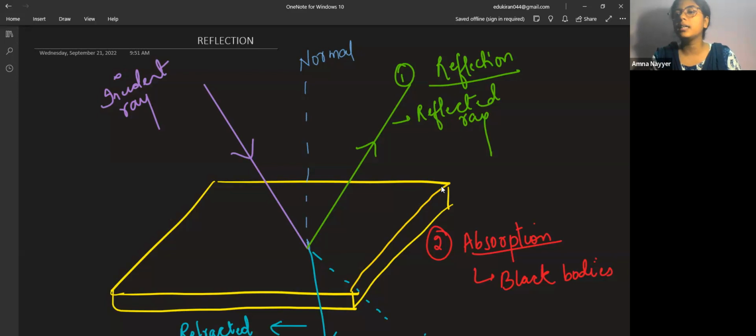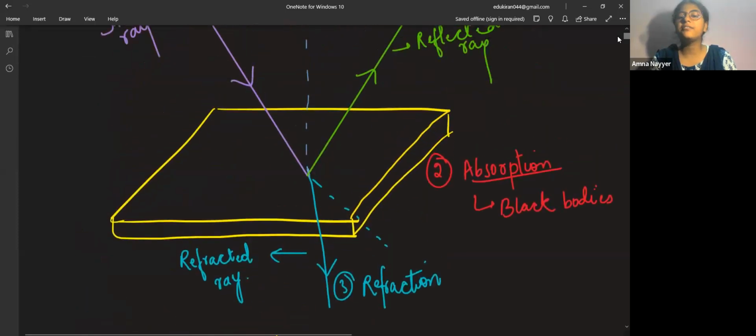And the last one: if this incident ray wasn't obstructed by this object, what would have happened? It would have moved straight. Now there is a deviation in the path. This deviation in the path of the ray of light is known as refraction, and the ray of light is known as the refracted ray.